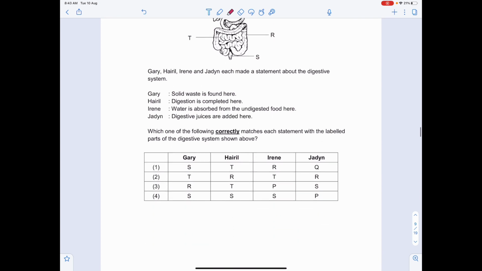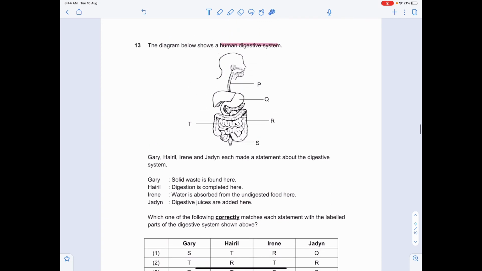Then it goes on to say, Gary, Harry, Irene, Jadine each made a statement about the digestive system. Then they ask you, which of the following correctly matches each statement with the labeled parts of the digestive system above? So once again, we have to do labeling.